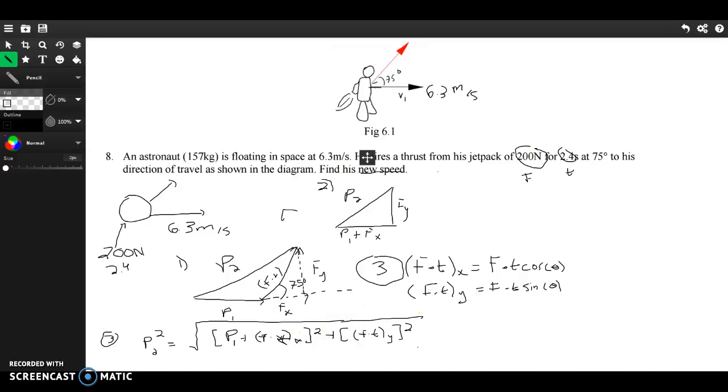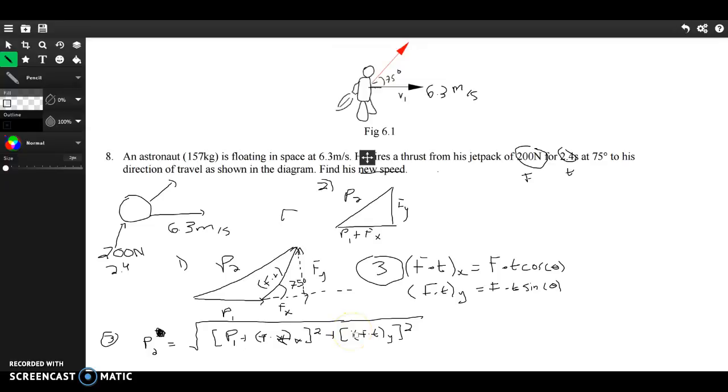Actually, I got ahead of myself there. Since we're already squaring it, we will not need the squares right here. So P2 is equal to this, because P2 squared would equal this squared plus this squared over here. And if we square root both sides, we'll get P2 is equal to this over here.